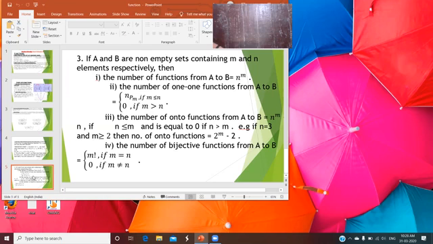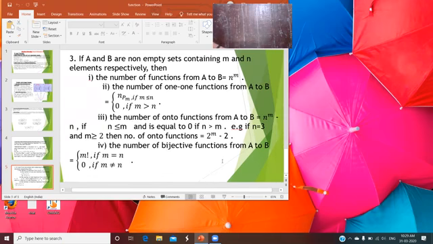Now the third point, the number of onto functions from A to B is n to the power m minus n, if n is less than or equal to m, and is equal to 0 if n is greater than m.